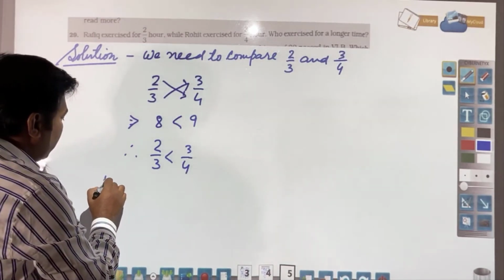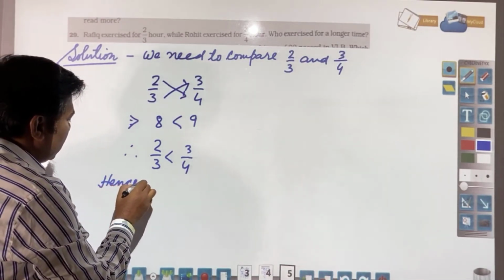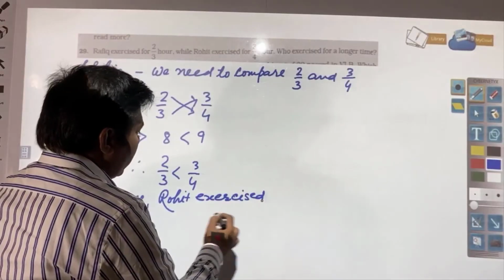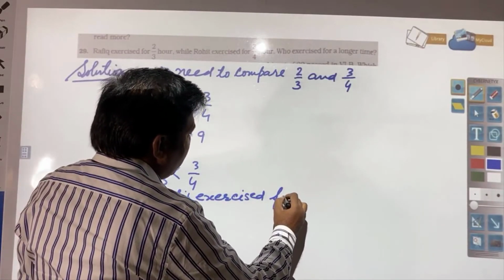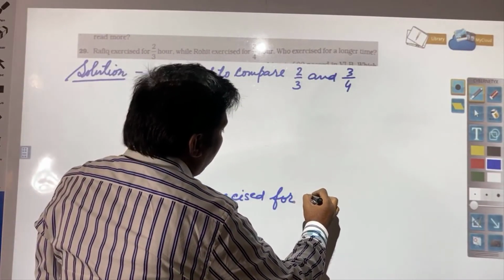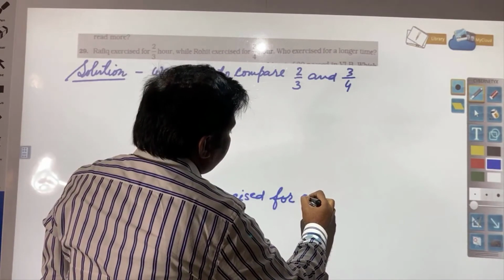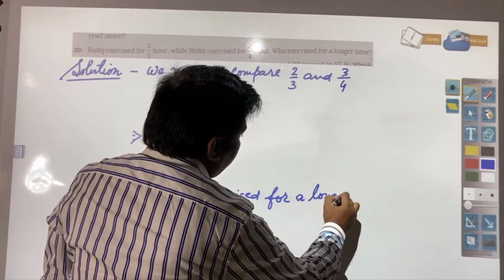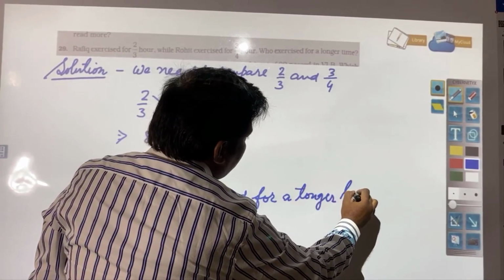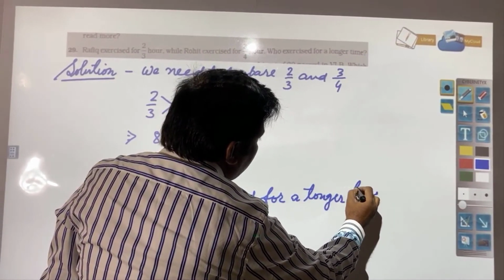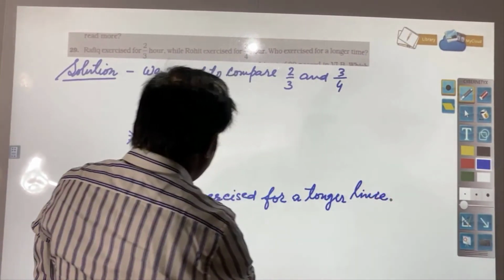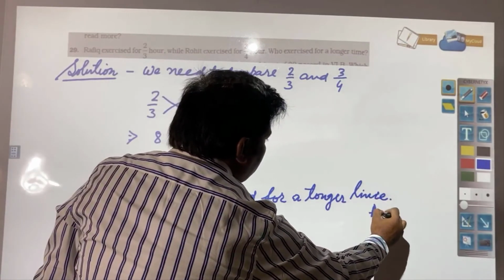Your answer will be, hence, Rohit exercised for longer time. And this will be your answer.